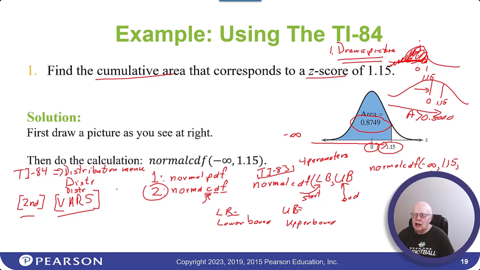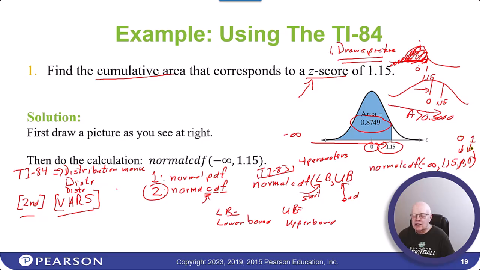So the third option is the mean, and the fourth option is the standard deviation. Now, before we leave here, notice we were talking about z-scores. That means we're talking about the standard normal distribution. So we've got a special condition here. That means the mean is 0, and the standard deviation is 1.